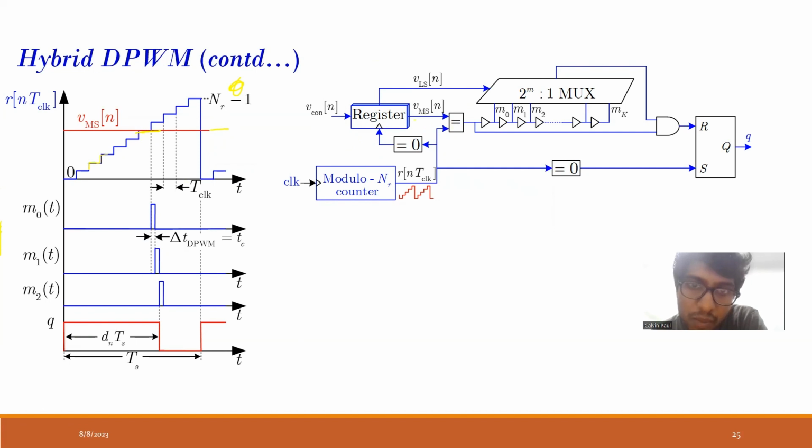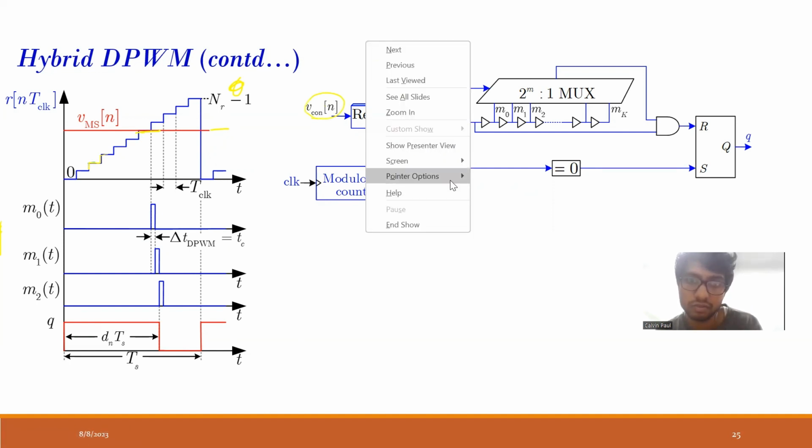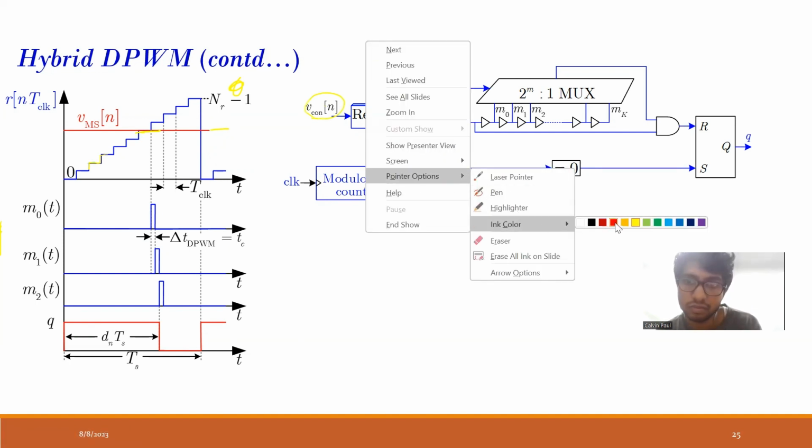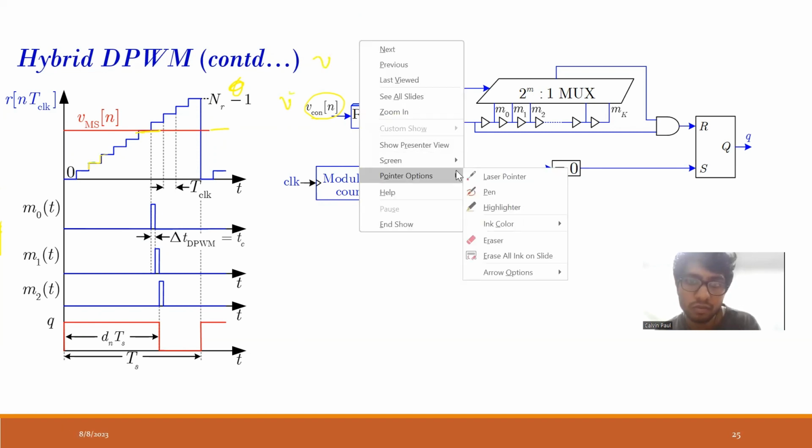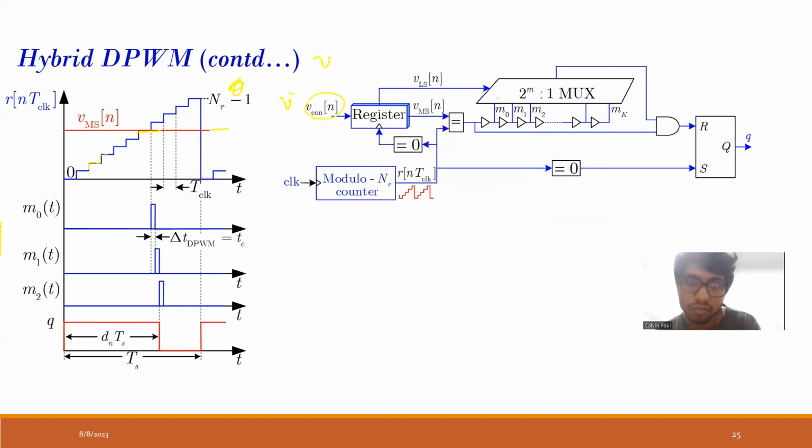Now Vcon[n] has two parts, 1100 assumed.